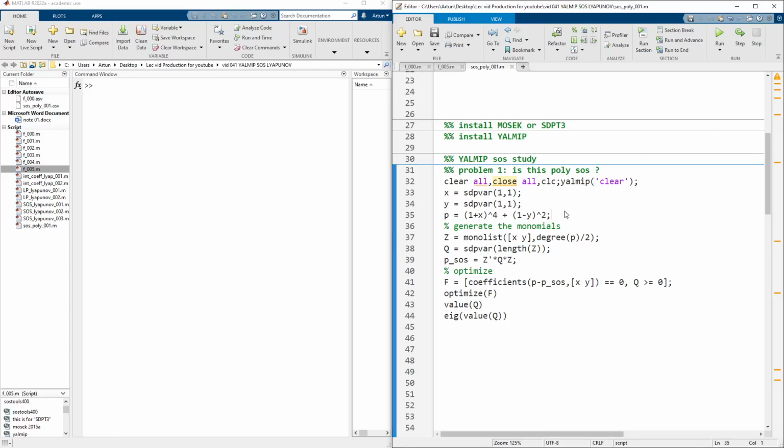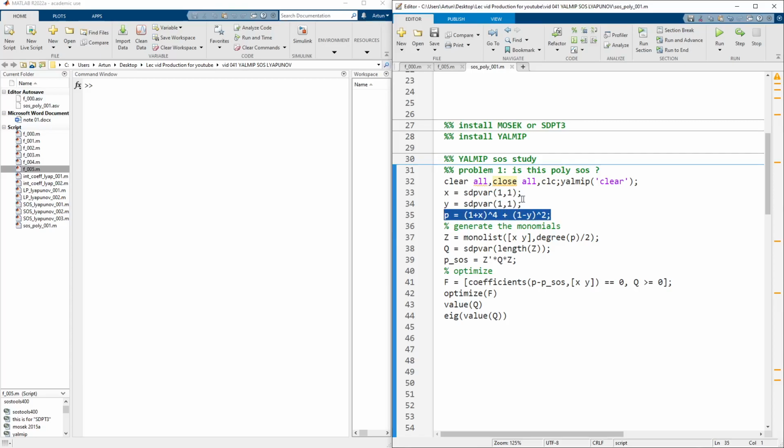It will never be negative. Later we will talk about a polynomial being positive.